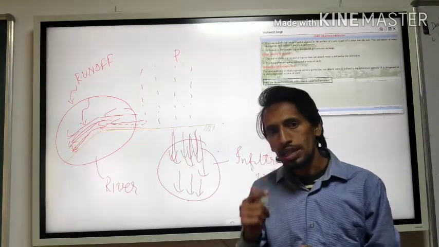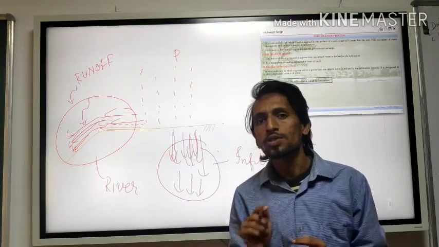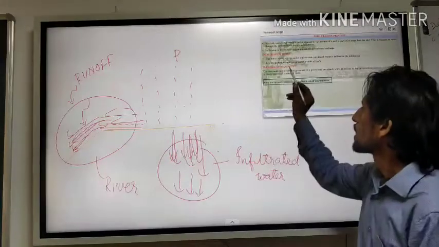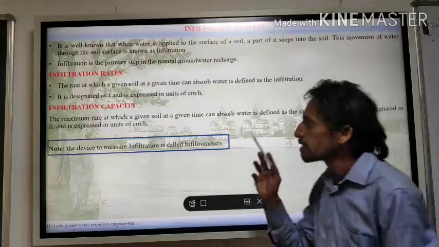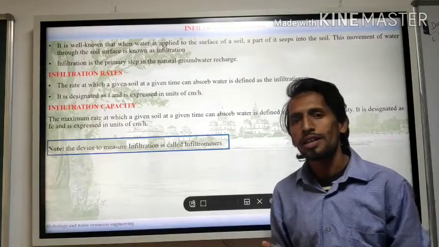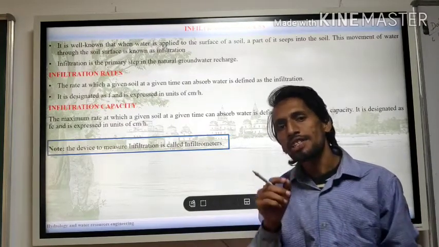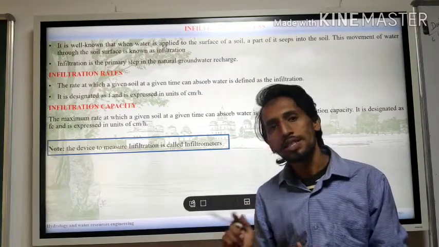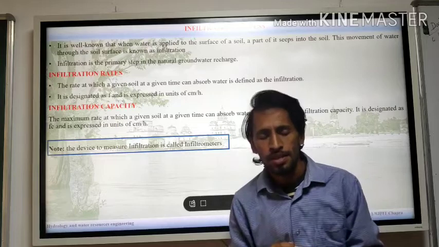The upper limit, or the maximum value of the rate, is called infiltration capacity. So infiltration rates are the velocity of water at any time, and infiltration capacities are the maximum values of those rates. This is the basic philosophy.